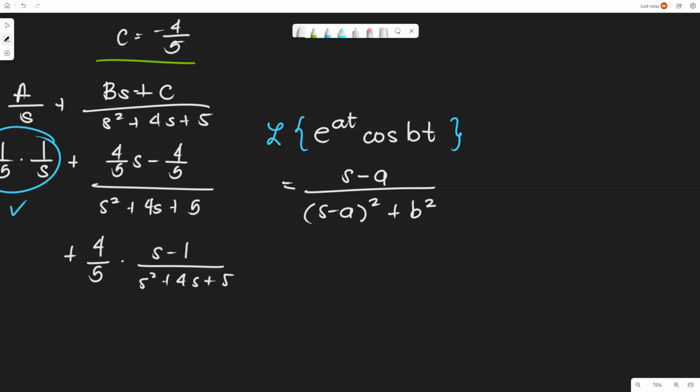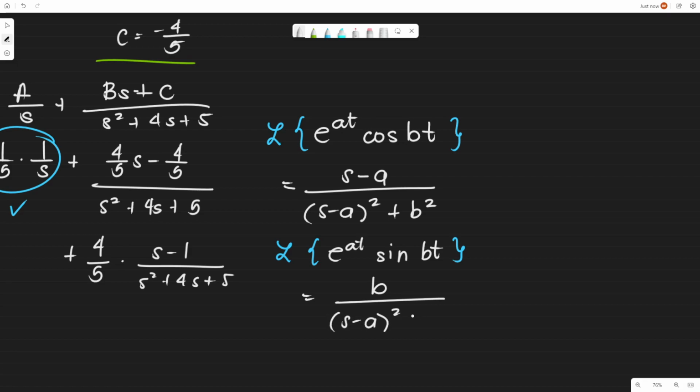Okay, this is for cos. Si e raised to at sin bt naman, if we're going to get the Laplace transform, this is equivalent to b over ((s minus a) quantity squared plus b squared). Okay? So, ito yung gagamitin natin to solve this specific term.